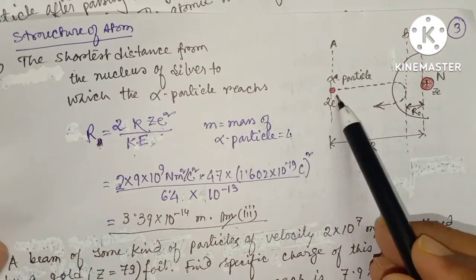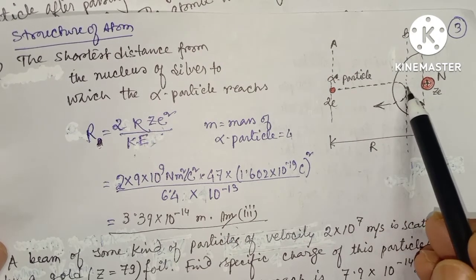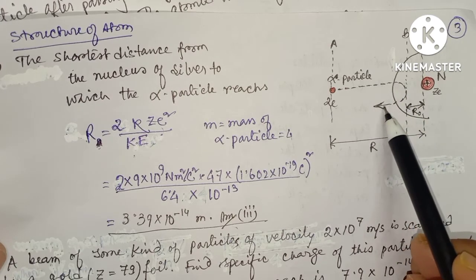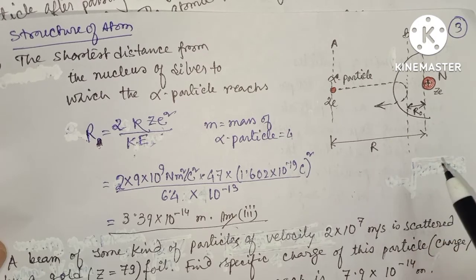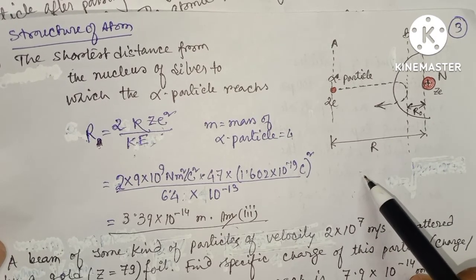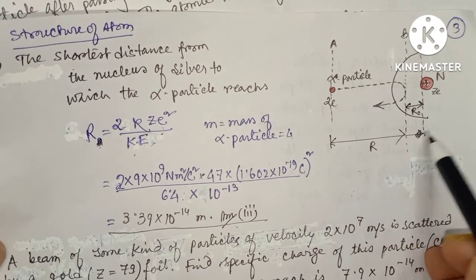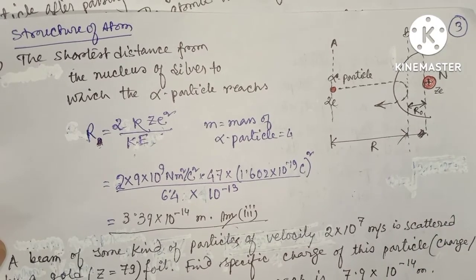Here it is the alpha particle whose charge is 2e. At point B it will retrace after striking the B point. R represents the closest approach, up to this B point.